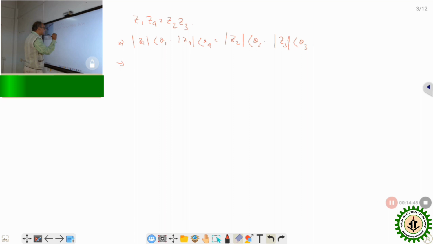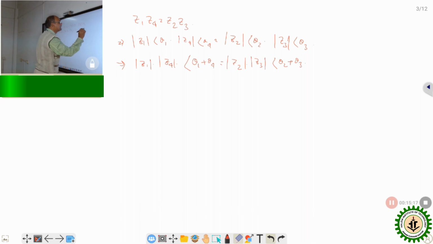So you can write mod of Z1 into mod of Z4 at an angle theta 1 plus theta 4 equal to mod of Z2 into mod of Z3 at an angle theta 2 plus theta 3.